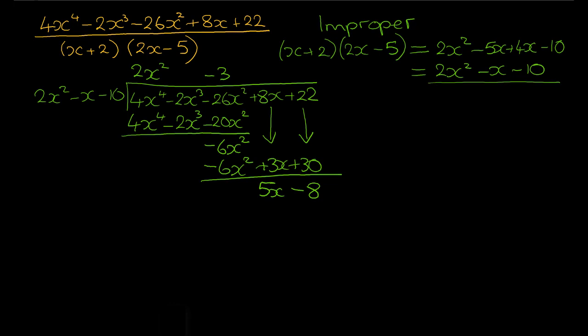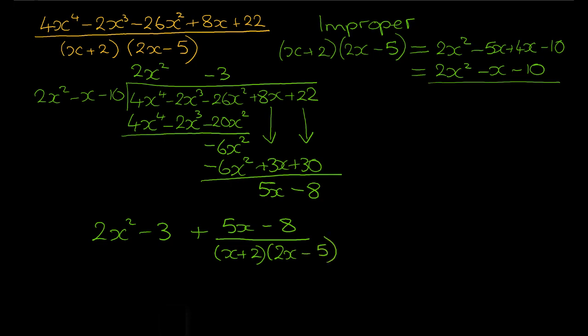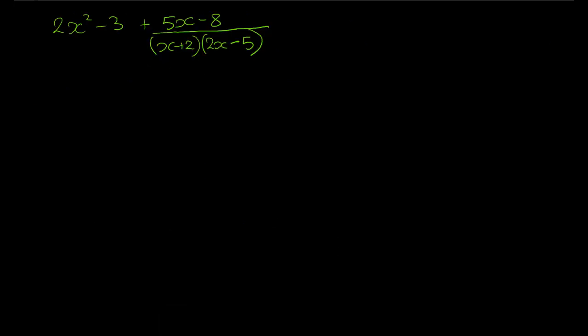So our original fraction is now a whole part, which is 2x squared minus 3, plus a fraction part, which is 5x minus 8 all over x plus 2, 2x minus 5. So we needed more space, but I've written out the fraction again.